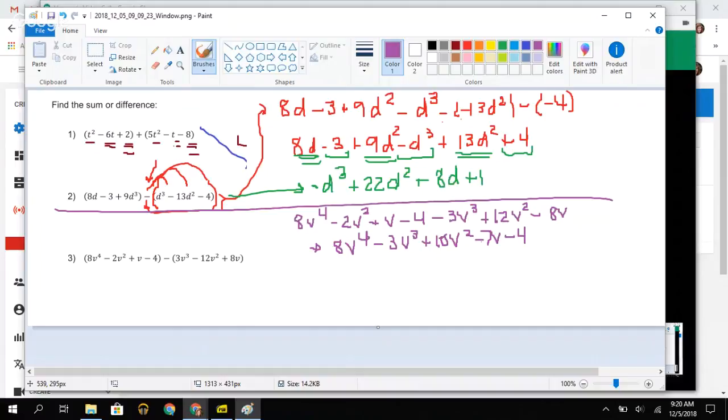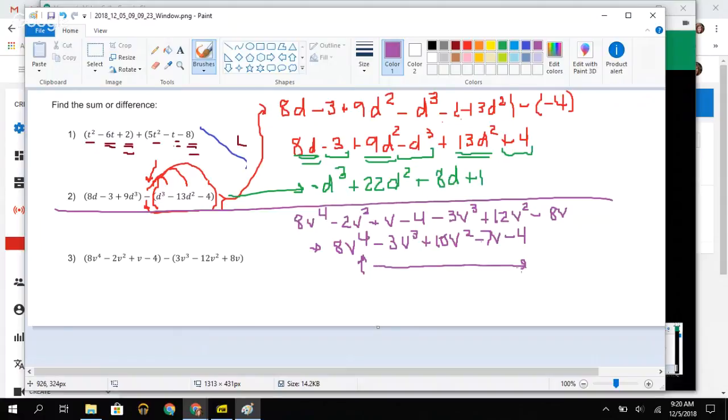Oh, I know what I want to tell you guys. When you're writing polynomials, the preferred way is to write it from the biggest exponent, the term with the highest order, all the way to your constant.